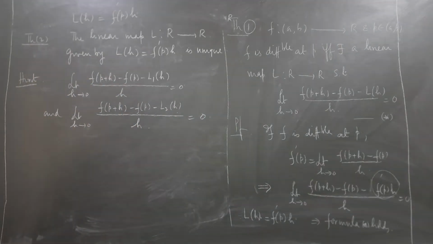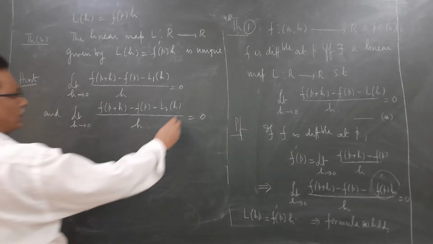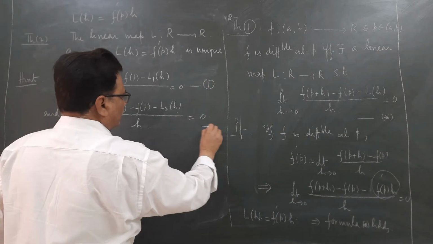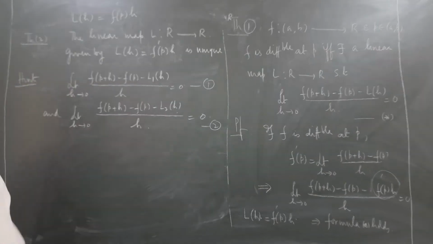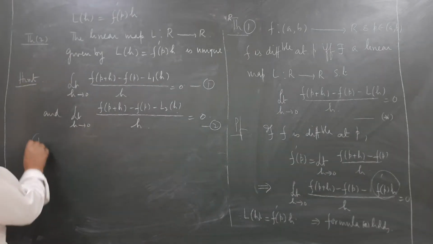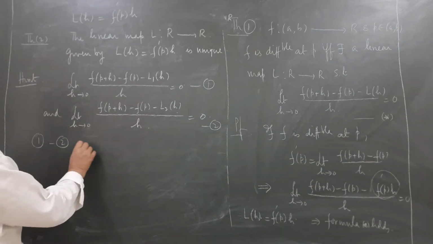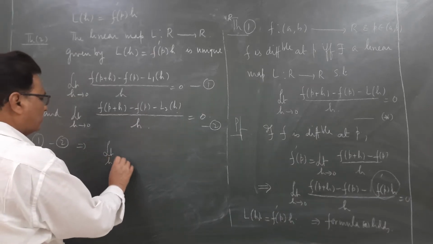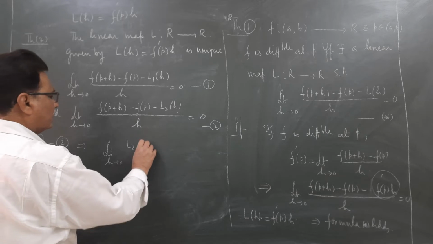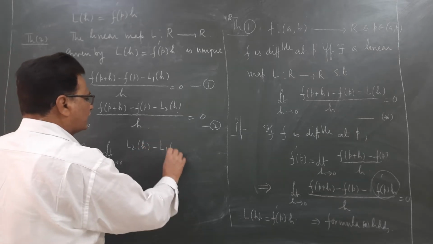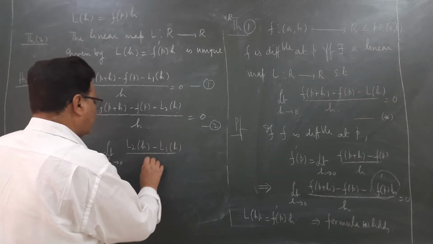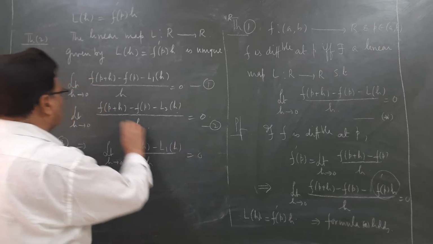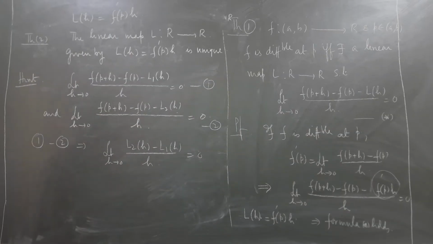Now I will subtract 2 from 1. So subtracting 2 from 1 would give me limit h tends to 0, (L2(h) - L1(h)) upon h equal to 0, because these two terms will cancel out each other.